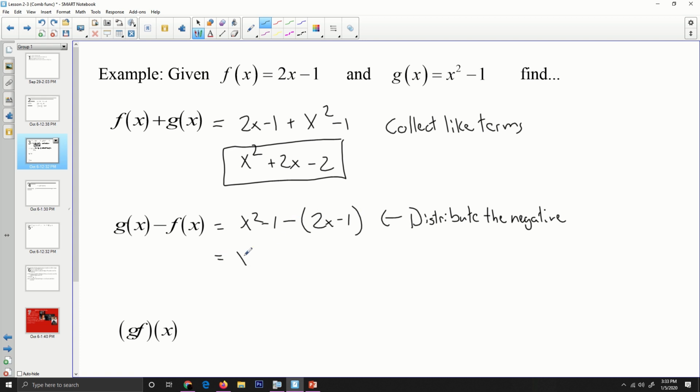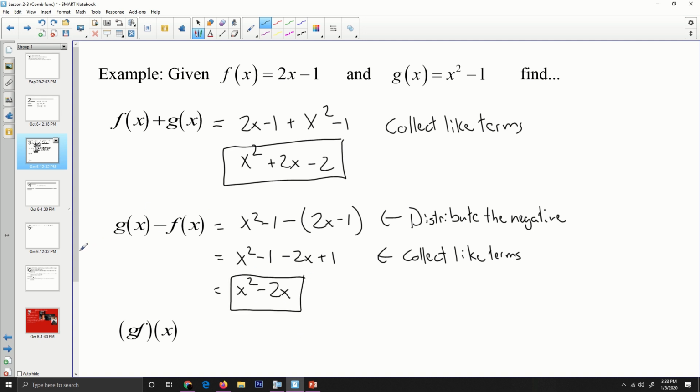That'll give me x squared minus 1 minus 2x and then plus 1. And so now I'm going to collect like terms. x squared is the only term of that value, and then I get a negative 2x, and then negative 1 plus 1 is 0. So that is going to be my final answer for that one.